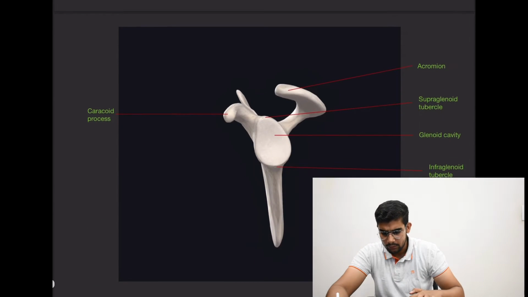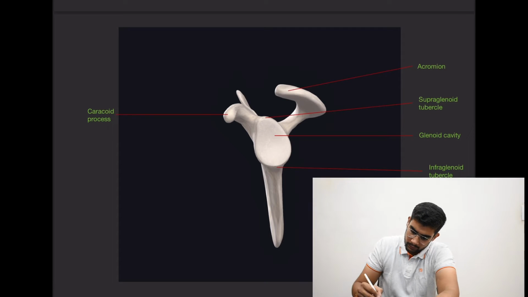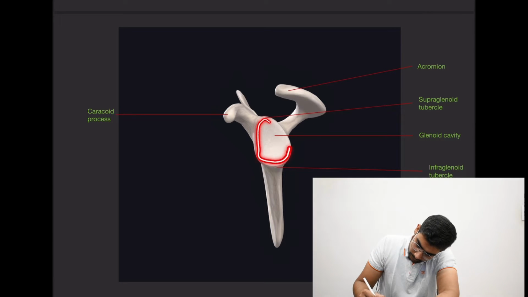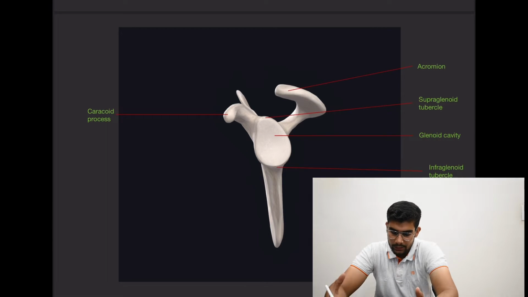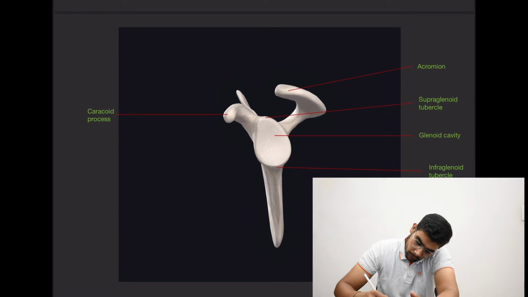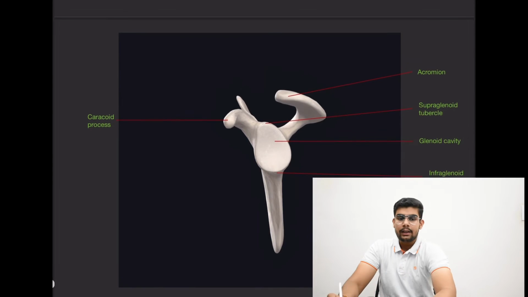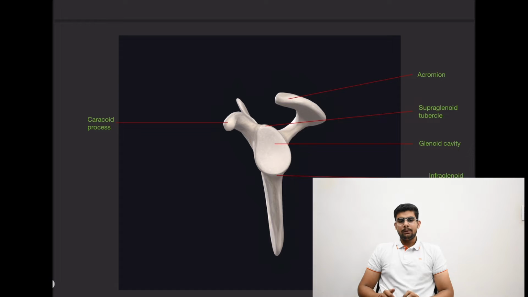So the structures of lateral angle are glenoid cavity. Glenoid cavity is an indentation or a cavity, or you can say a concave indentation in the scapula where the humerus forms articulation. Here the ball and socket joint is formed.